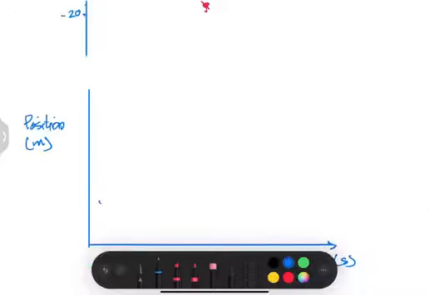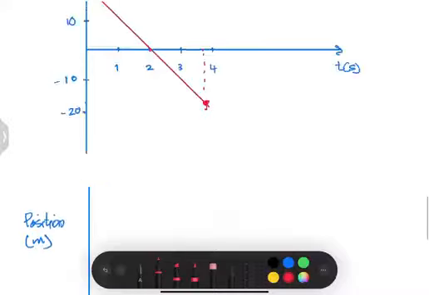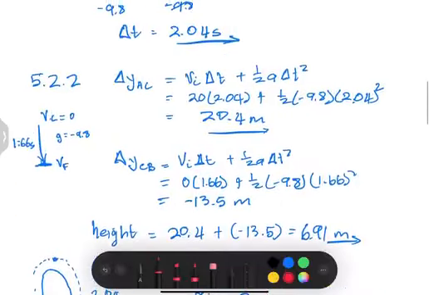So remember, it would have started from the ground, okay? And I know after 2.04 seconds, my position would have been at, what was that? I think we got 20.4. Yes, that was 20.4, right?